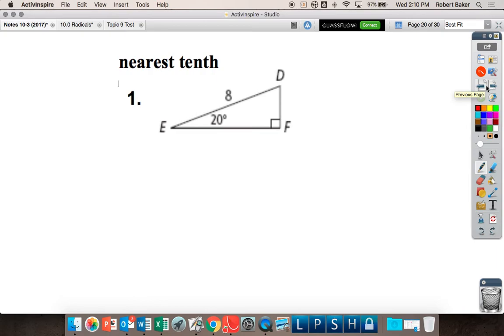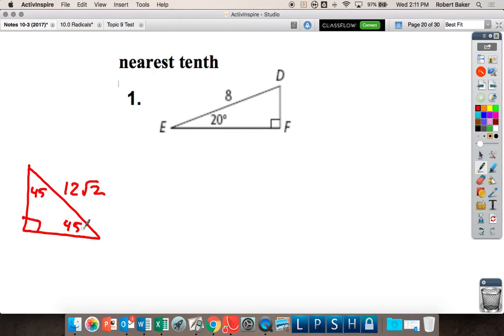Theoretically, you have all the information you need to solve that right triangle. Did you ever see a right triangle that looked like that on your quiz? Was there ever a right triangle that just had one number on it? Yeah, but what kind of triangle was it?